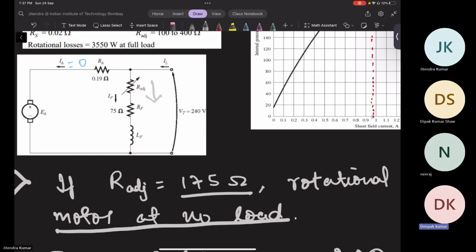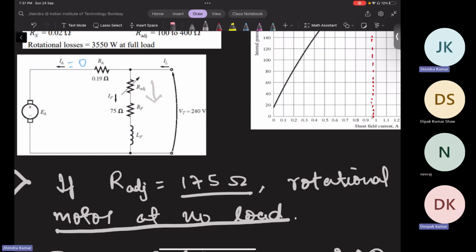IL will have some value; IL is equal to IA plus IF in this motor. Sir, IA, the armature current, should have some value at no load?